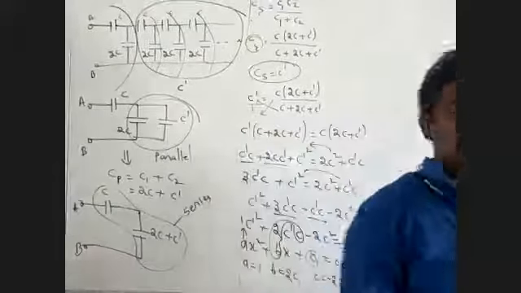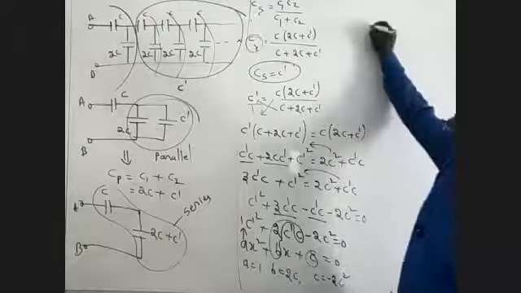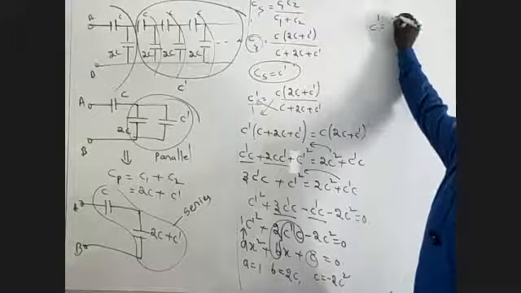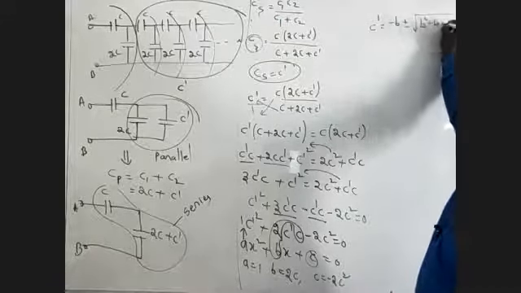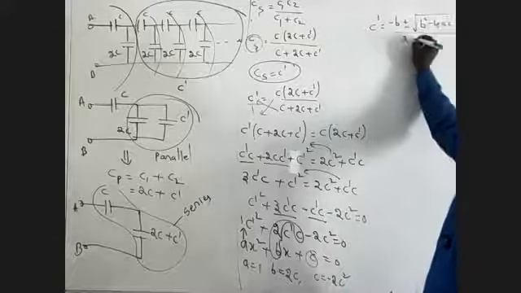I want the C dash roots. C dash is equal to minus b plus or minus root of b squared minus 4ac, by 2a.